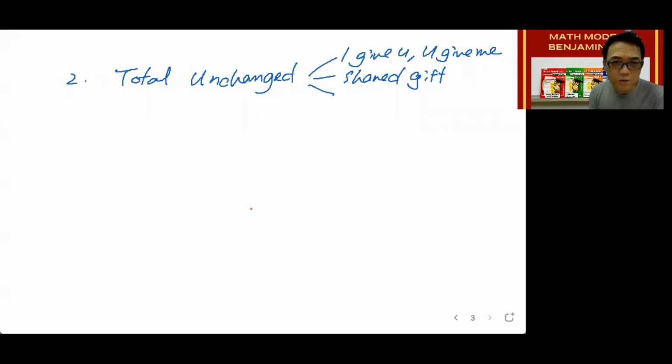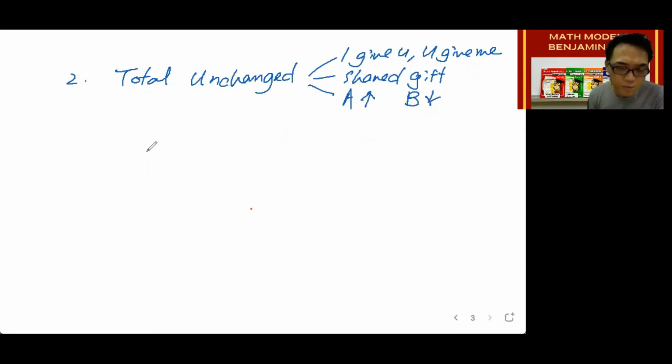A third variant of this question would be where A increases and B decreases by the same amount. The keyword here is the same amount.